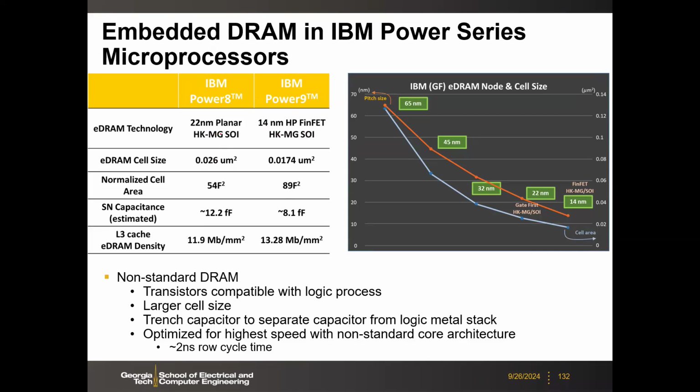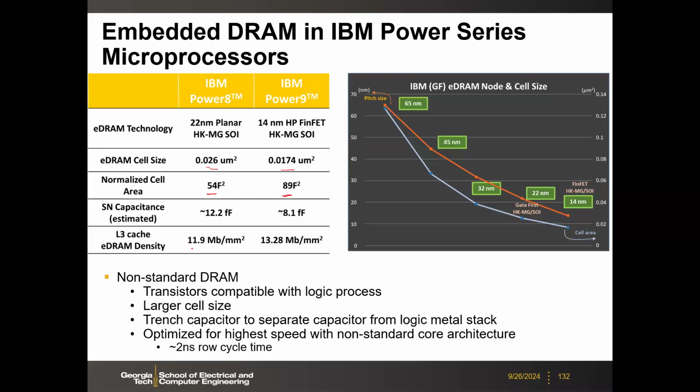And on the same technology node, they introduced the EDRAM with this kind of cell size. If you normalize that to 22 and 14, that will be like 50 or 89 F squared. So it's still like 2 times or 3 times lower than the SRAM at the same technology node.